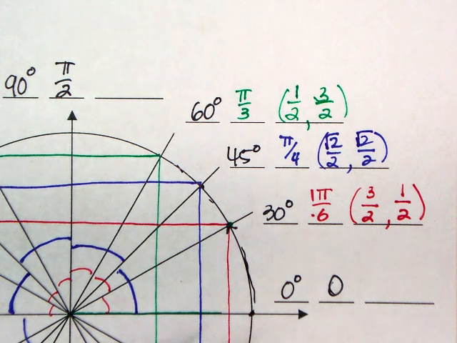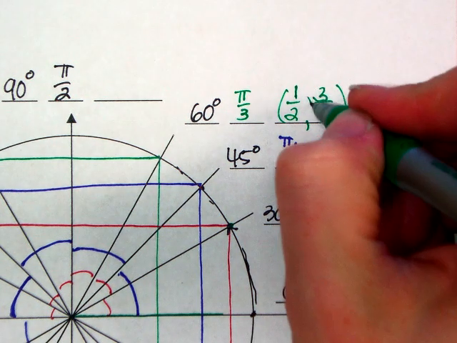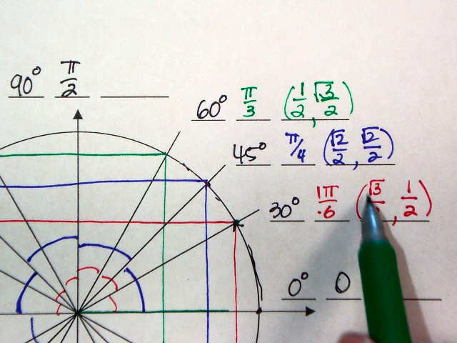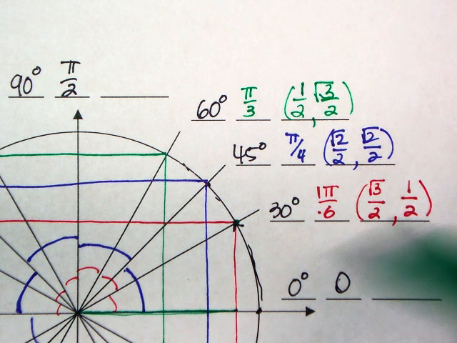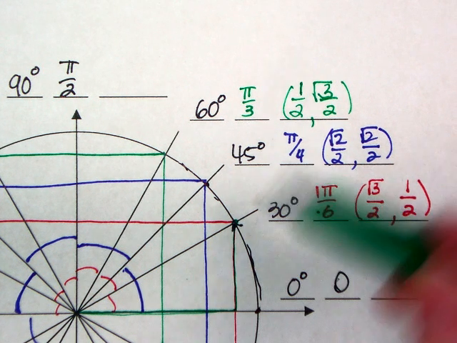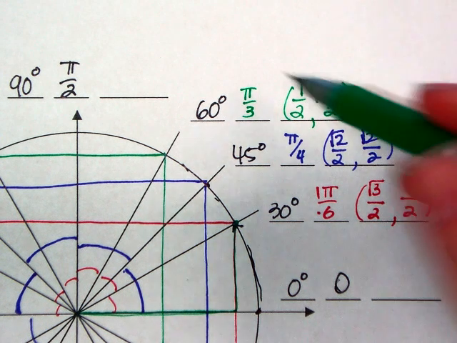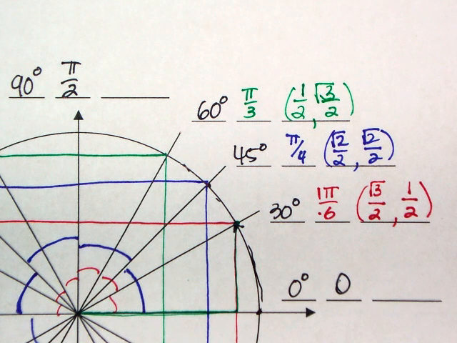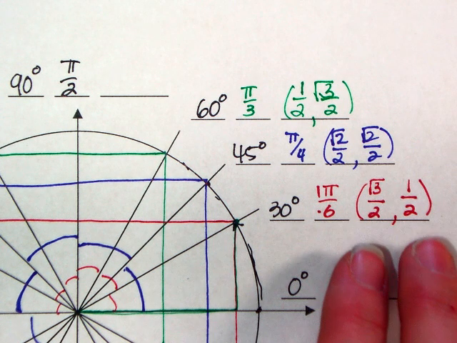Square root of 2, square root of 3, and then this square root of 3. So those are the exact values. If I did square root of 3 over 2 as a decimal, that's how far over I have to go, and then I have to go up 0.5. The 60-degree angle should be the flip, because in a 30, 60, 90 triangle, you're just looking at one angle or the other. They're just reflections of each other. So this guy just got turned to be the other point.